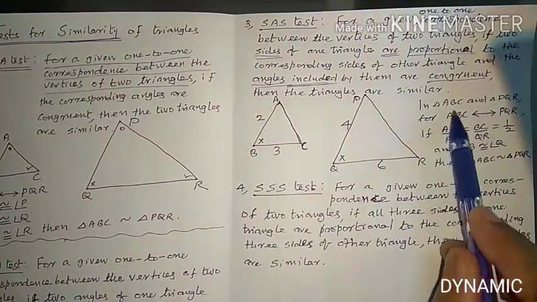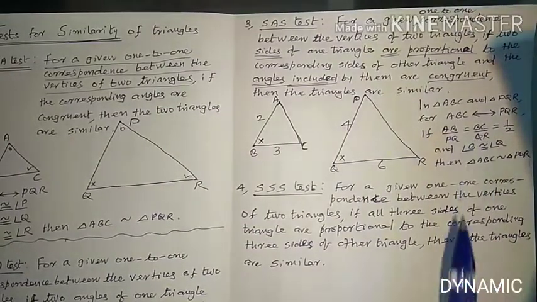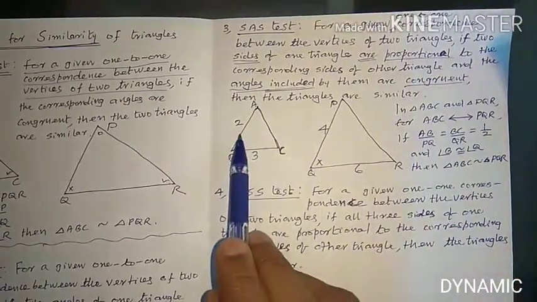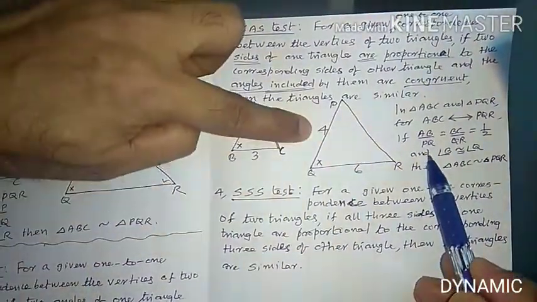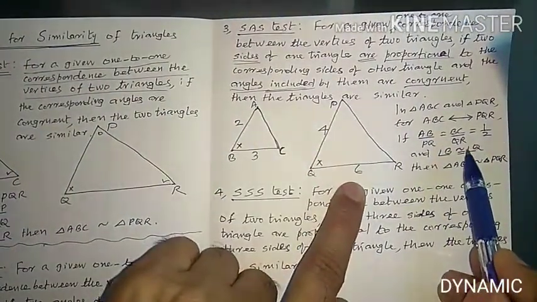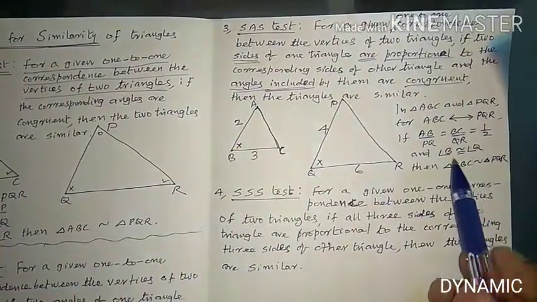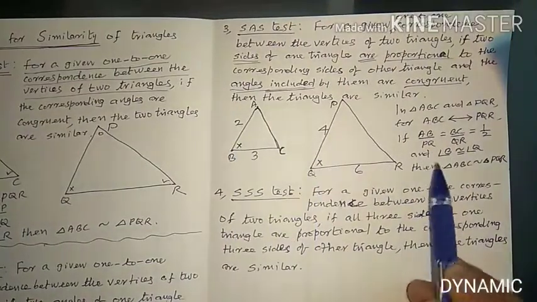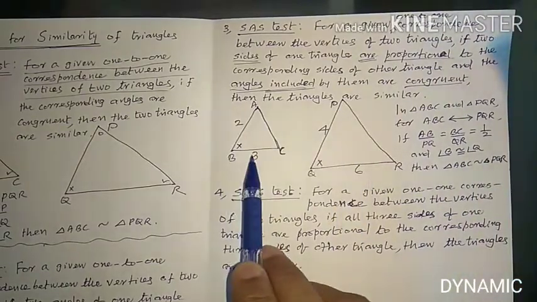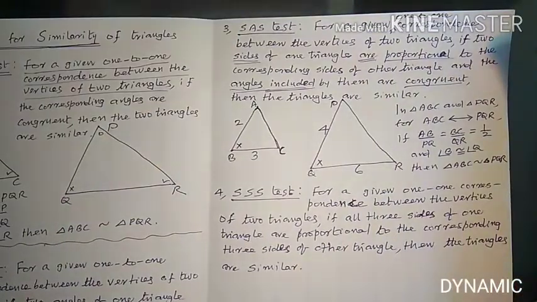Here in triangle ABC and triangle PQR, for the given 1-1 correspondence ABC and PQR, if AB upon PQ is equal to the same ratio, BC upon QR equal to 2 by 4, 1 by 2, 3 by 6, 1 by 2, and included angles B and Q are congruent, then the triangles are similar by SAS test. That's the third test we have to consider.